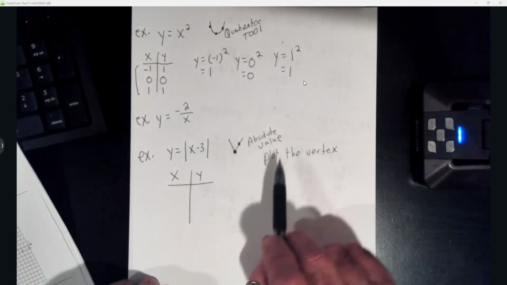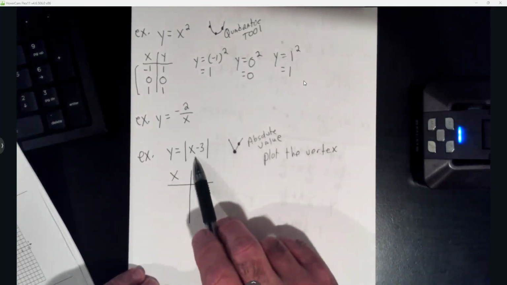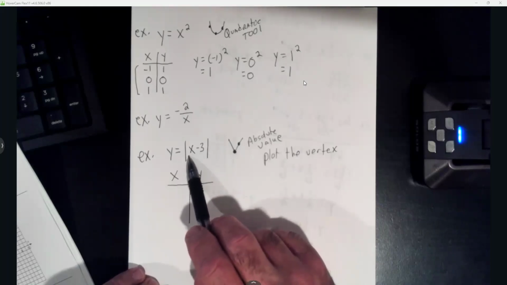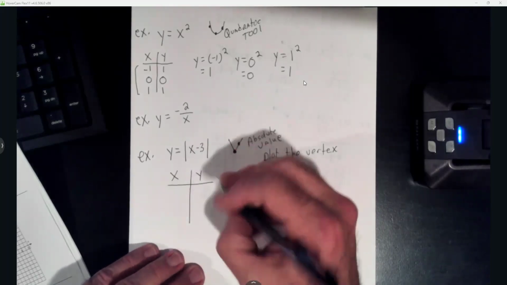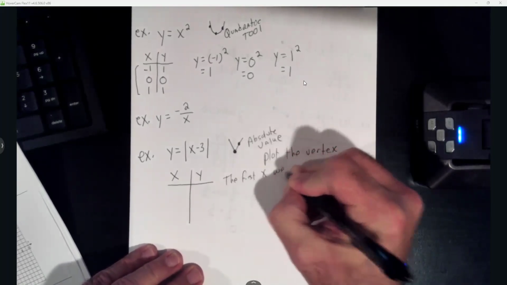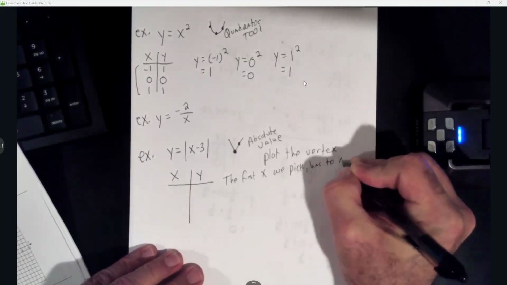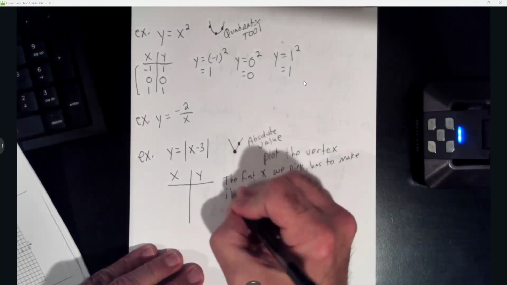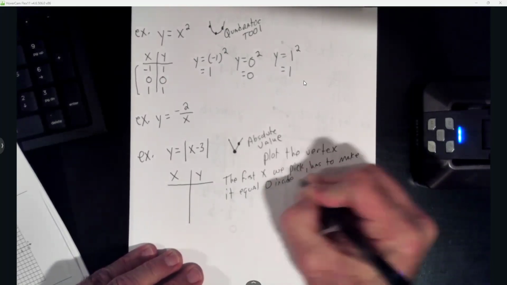Now, the way you find that vertex point is the first x that you pick has to make this equal 0 inside the absolute value. So the first x we pick has to make it equal 0 inside the absolute value.